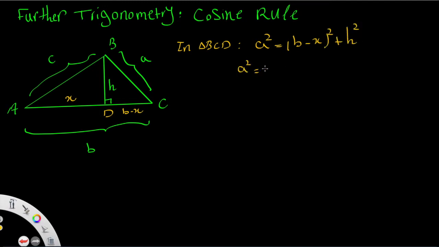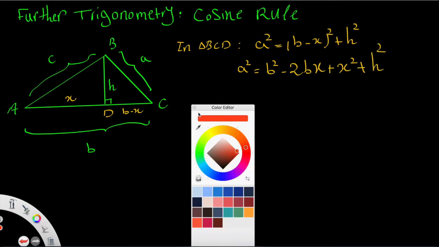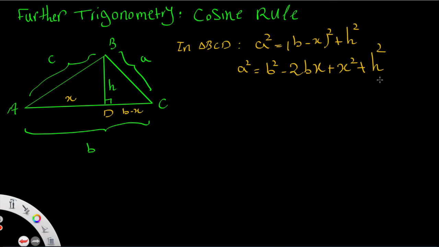Now I expand it, it will be b squared minus 2bx plus x squared plus h squared. Now, x squared plus h squared. We know that in triangle ABD, we have x squared plus h squared is equal to c squared.